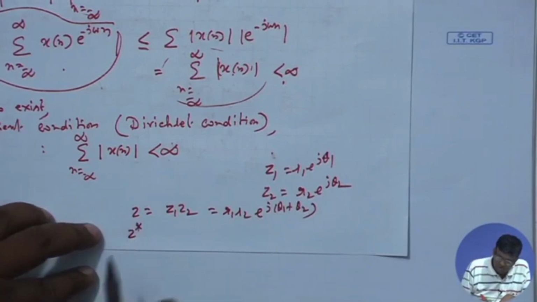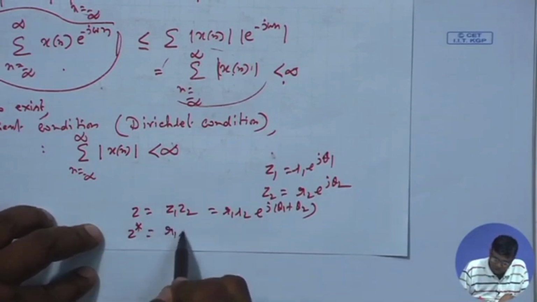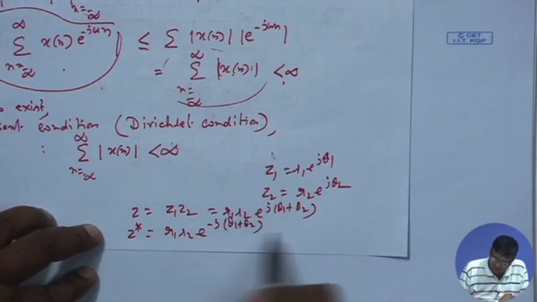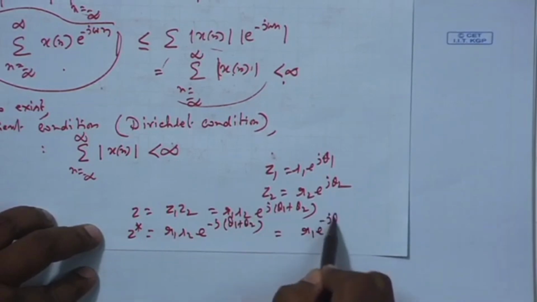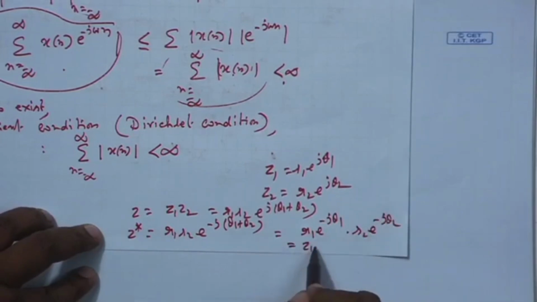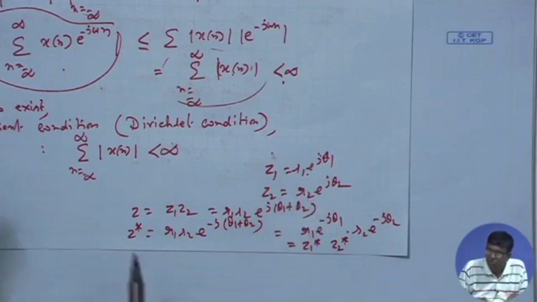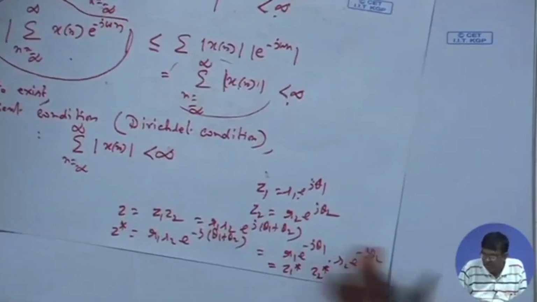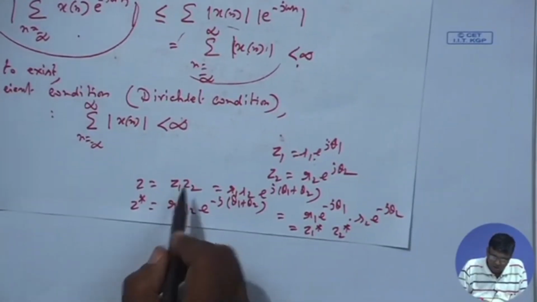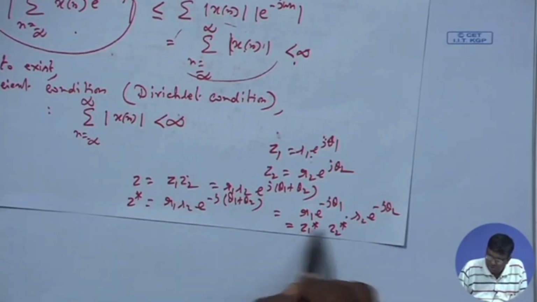You have got Z star, that is star of a product, it will be R1 R2 e to the power minus theta 1 plus theta 2, which is same as R1 e to the power minus j theta 1 R2 e to the power minus j theta 2, which is Z1 star Z2 star, right. These are basic things you should know, but I am not taking any chances. So, I am carrying it out. Z1 Z2 was Z, star of the product is product of stars.